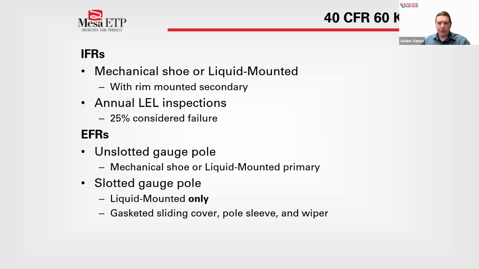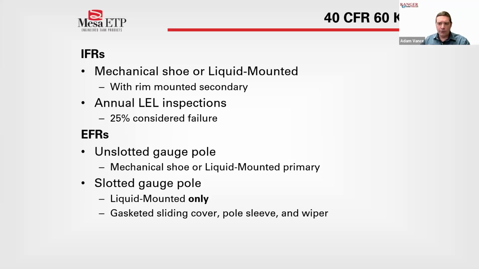If the LEL inspection results in a 25% LEL level or higher from the hatch, this would be considered a failure and would require repair. So not only just visual inspections, this is implementing monitoring of LEL as well into the seal inspection.